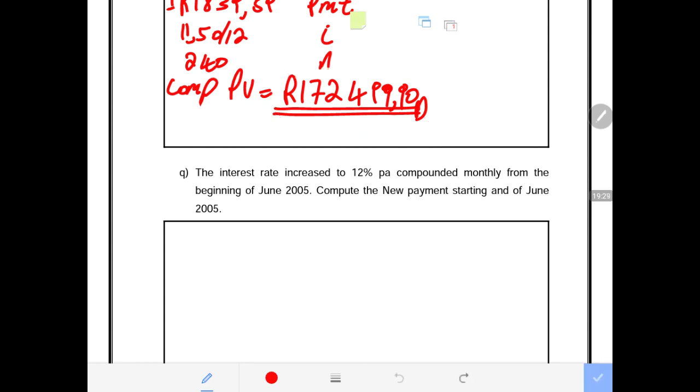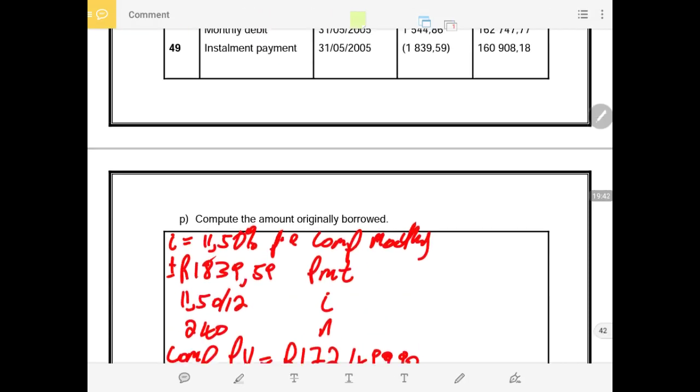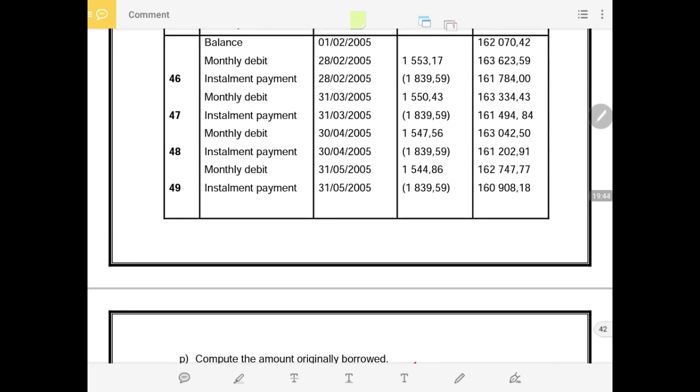So we just need to first say amount so that we know the balance after the 49th payment was made, which from the statement is very clear. You can use amount if you want, but this balance is very, very clear.